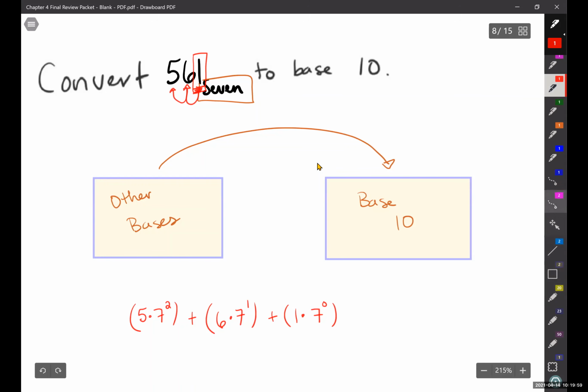So when you go from another base to base 10, you just write out the expanded form, simplify each term, and that will be our answer. So 7 to the 0 is 1, so this is 1 times 1. 6 times 7 to the first is 7. 7 squared is 49.